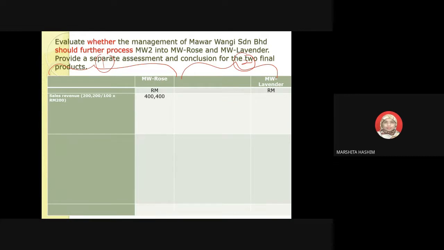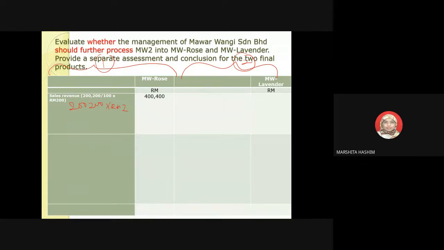Okay, remember just now, MW Rose output is 200,000 units of 200 ml, and then you sell at RM2 per ml. Now we calculate sales revenue for MW Rose. 200,000 output of 200 ml, you multiply by RM2 per ml.